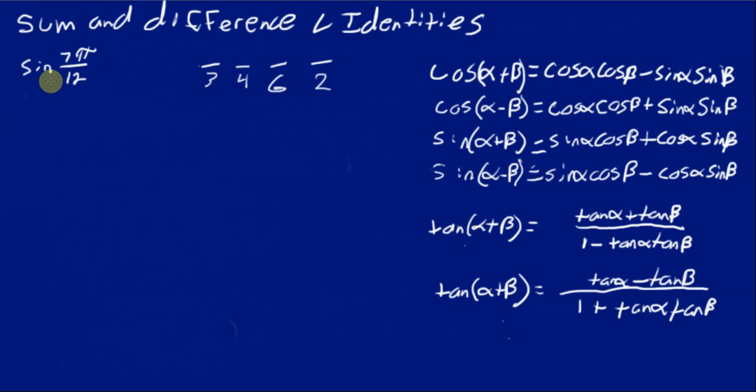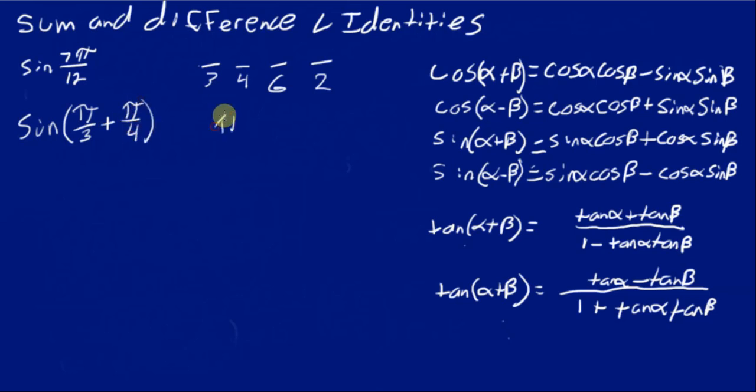And to get 7, we're going to take just 1 pi over 3. That's going to give me 4 up top. And 1 pi over 4, and that's going to give me 3 on the bottom. I'll show you exactly what I mean here. That's the sine of pi over 3 plus pi over 4.